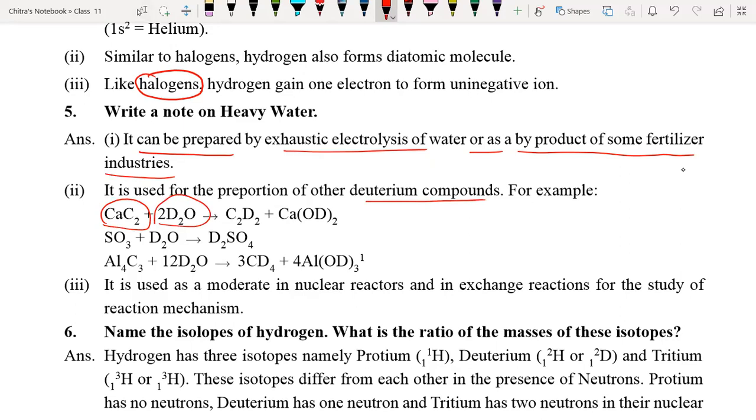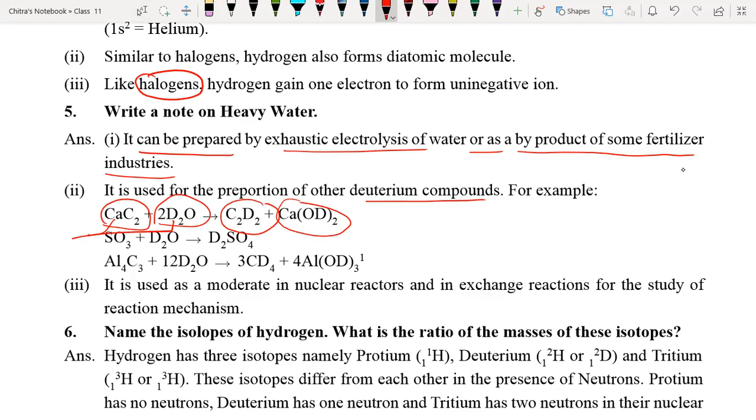When they react, they form calcium, carbon and deuterium compounds as well as a byproduct. So as we can see here, deuterium and calcium are nothing but heavy metals, and they can dissolve in water and may be present in suspended form in water. That water is then called heavy water.